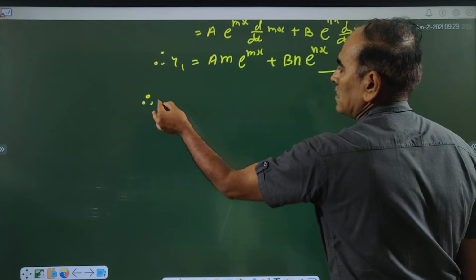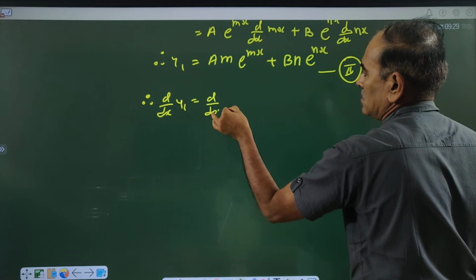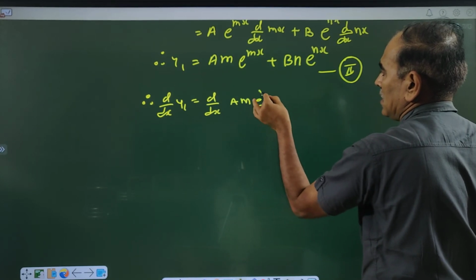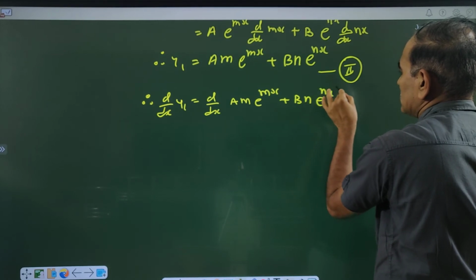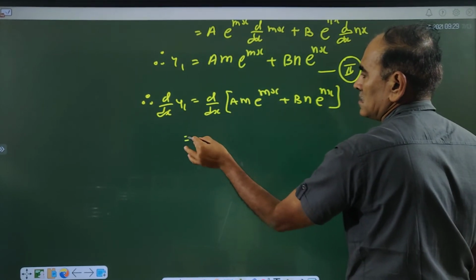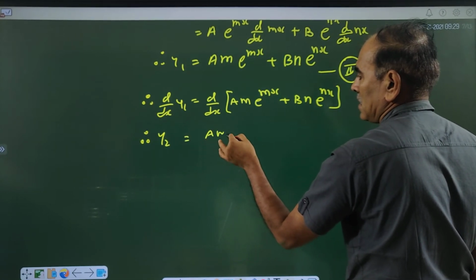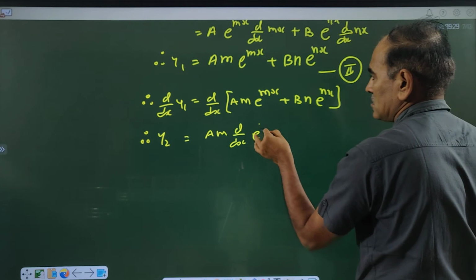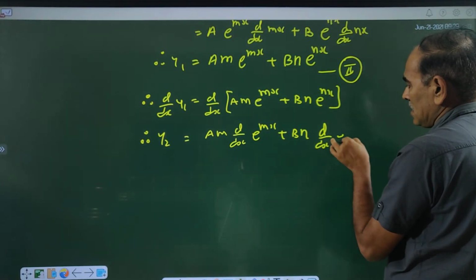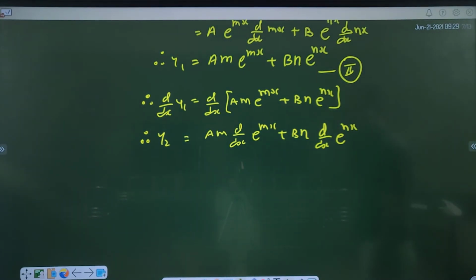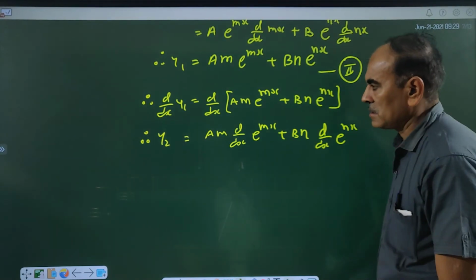Find out one more derivative. Therefore d by dx of y1 is equal to d by dx of am e raised to mx plus bn e raised to nx, and this is nothing but y2. am d by dx of e raised to mx, bn d by dx of e raised to nx. Why? am is constant, bn is constant, so we can take it outside.